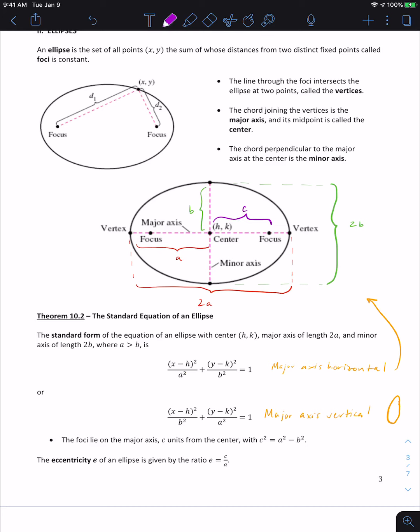Once I find what a and b are, I will be able to find c, and therefore I'll be able to find where the foci are. Then there's another term called the eccentricity. It's basically how round the ellipse is, and it is the ratio c over a.